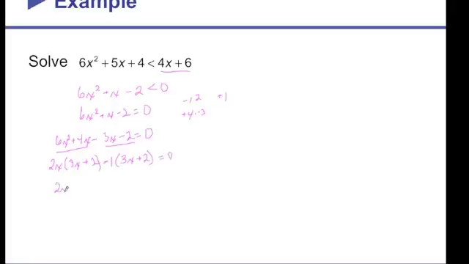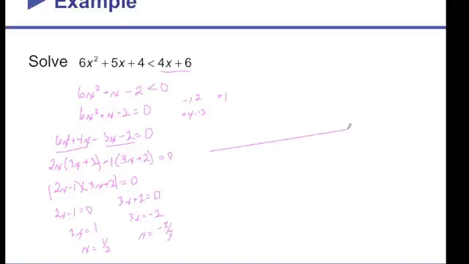That'll factor into (2x - 1)(3x + 2) = 0. So 2x - 1 = 0. 2x will equal 1. x = 1/2. And 3x + 2 = 0. So 3x equals negative 2, and x is negative 2/3.